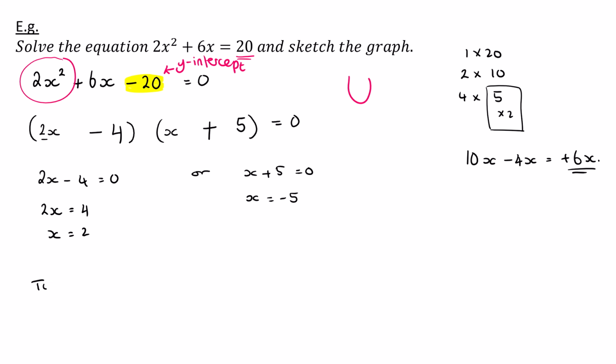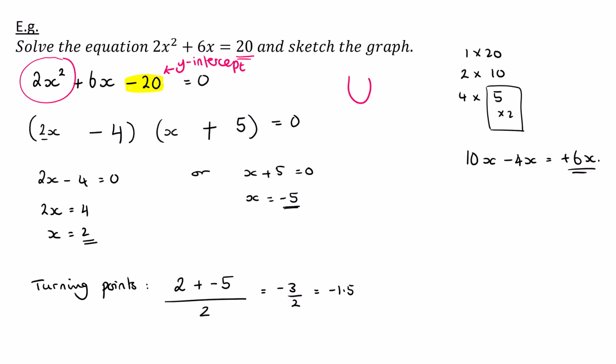I want my turning point. So the turning point's x coordinate is going to be the midpoint of the x-intercepts, so 2 plus negative 5, all divided by 2. 2 plus minus 5 is really 2 minus 5, which is negative 3. Negative 3 over 2 is negative 1.5.